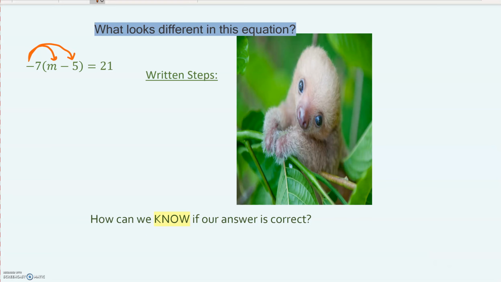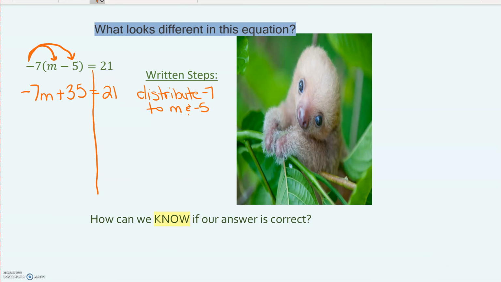So those arrows show us that we're going to multiply -7 to m, as well as -7 to -5. We call this distribution, or distribute for short. -7 times m is -7m, and a -7 times a -5 is a +35, because a negative times a negative is positive.